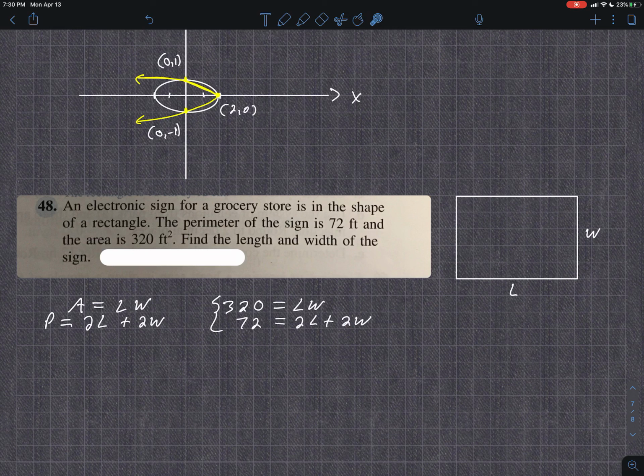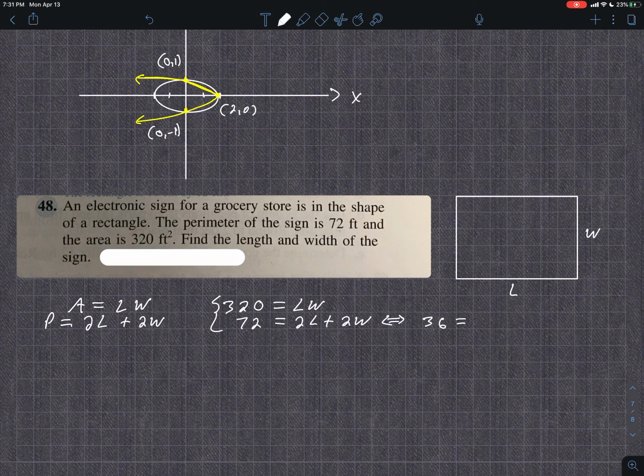Looking at this, I see a couple things. I see that there's a 2 in common, so I can divide that out. Then I can solve the first equation for L or W and substitute, and then you solve that. This is a very typical type of question that we will do. So let's go ahead and divide out.